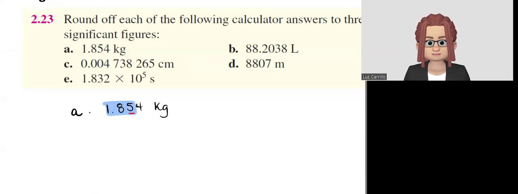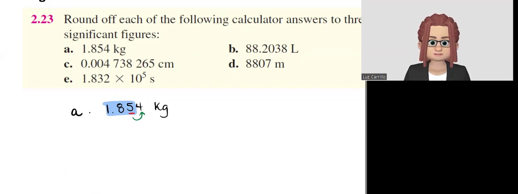And then I'm going to look next door to 5. Since I see that next door to 5, I have a digit that is less than 5, then that means that 5 is not changed.